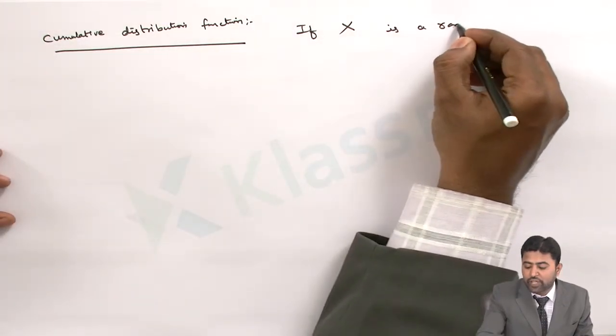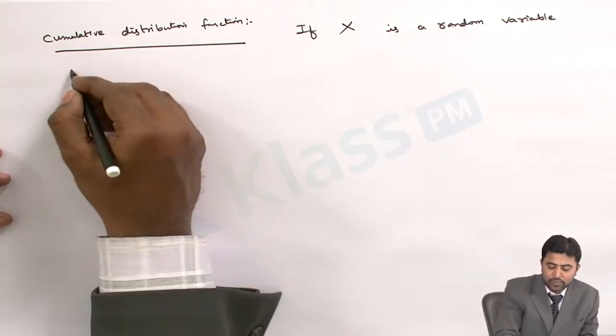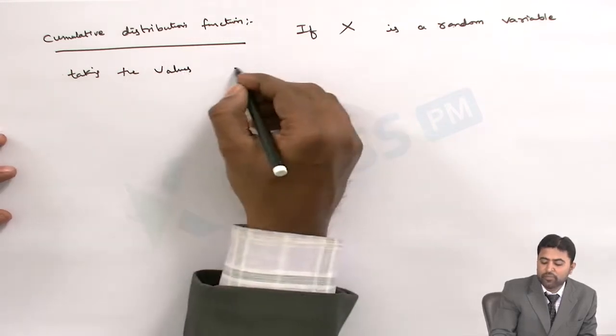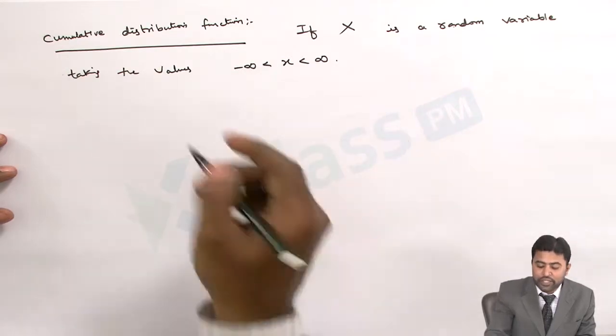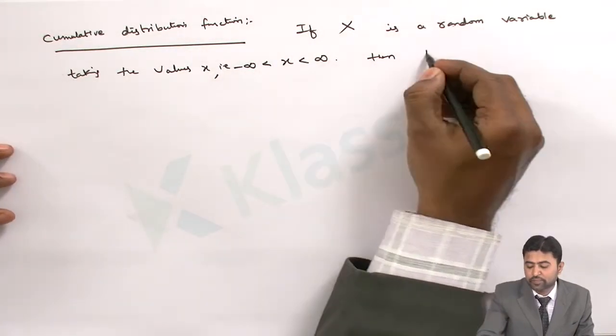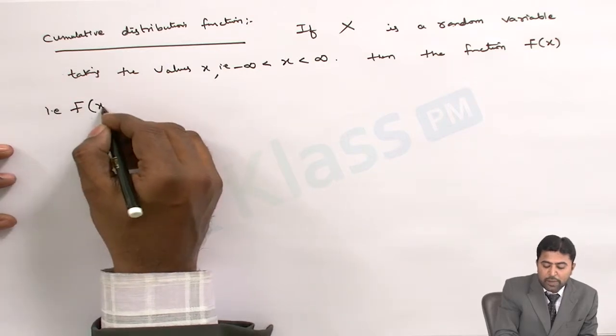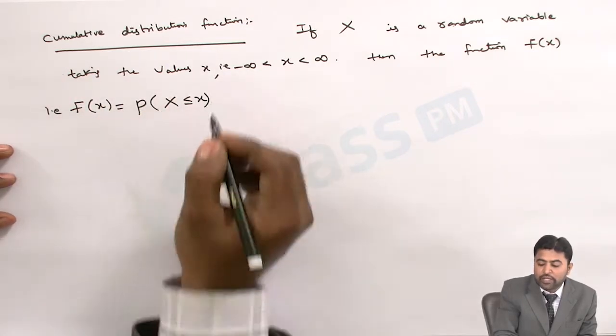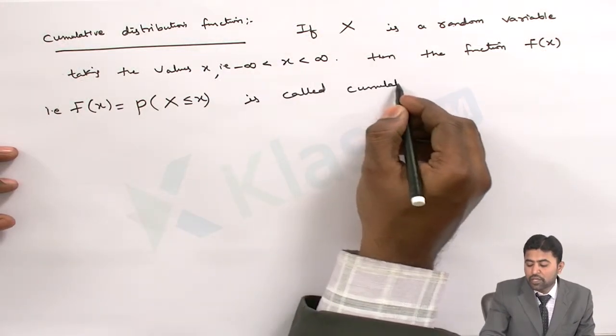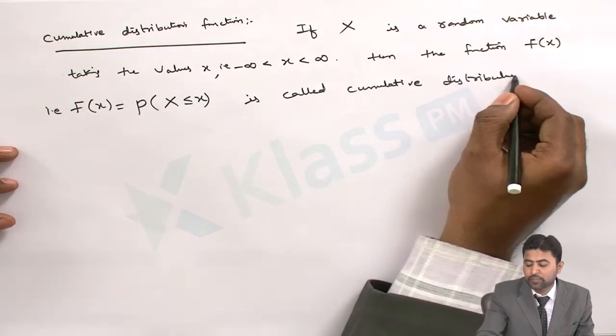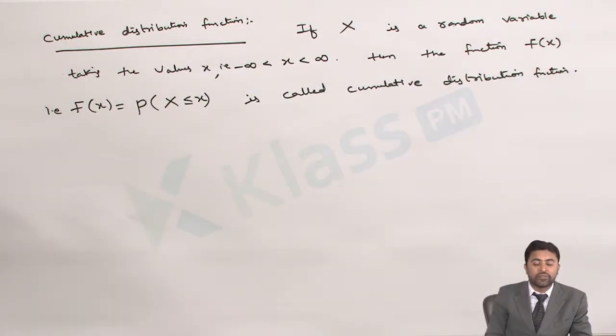If capital X is a random variable taking the values minus infinity less than x less than infinity, then the function capital F of x, capital F of x is equal to P of X less than or equal to x, is called the cumulative distribution function.